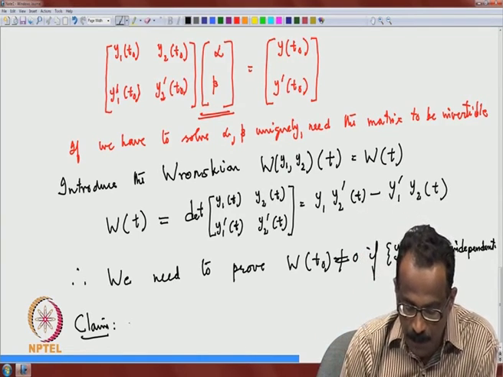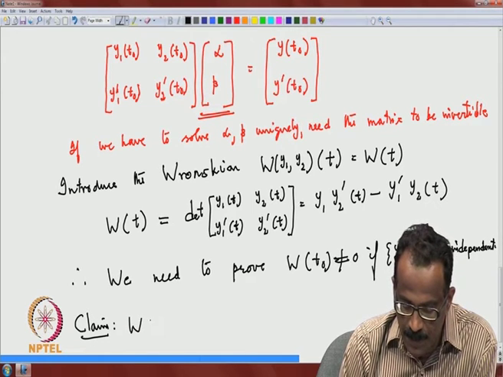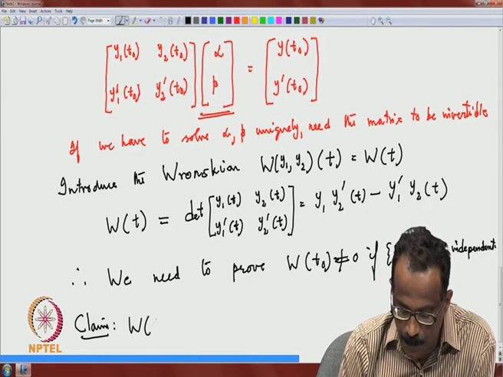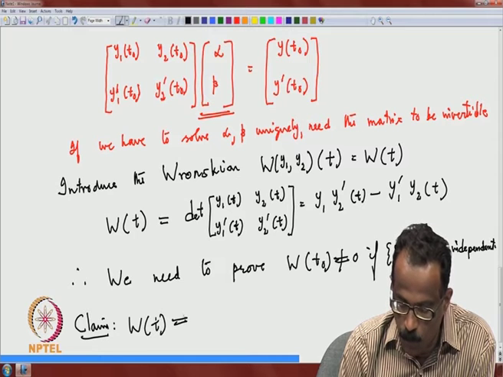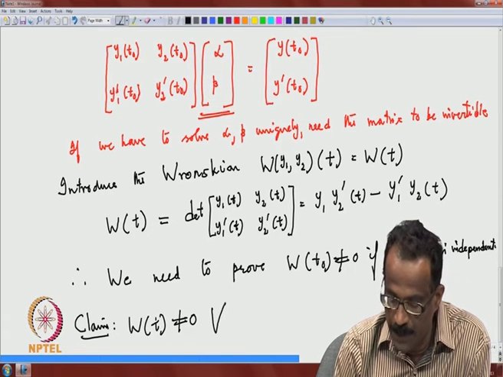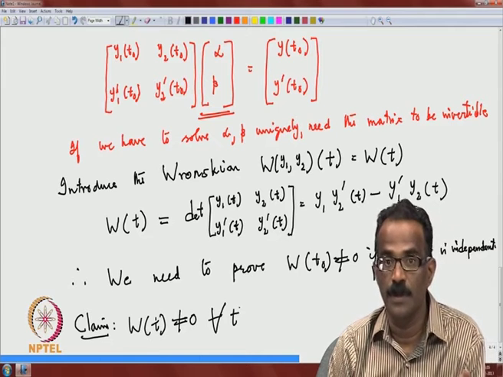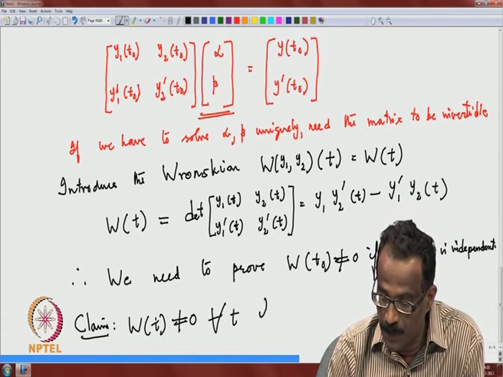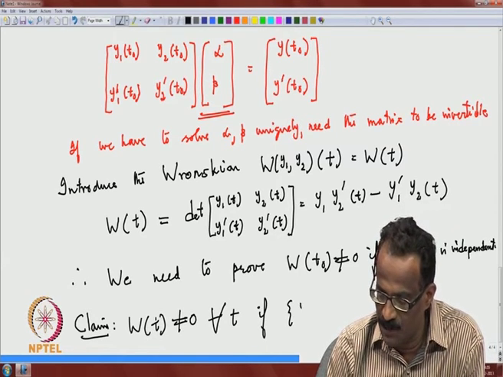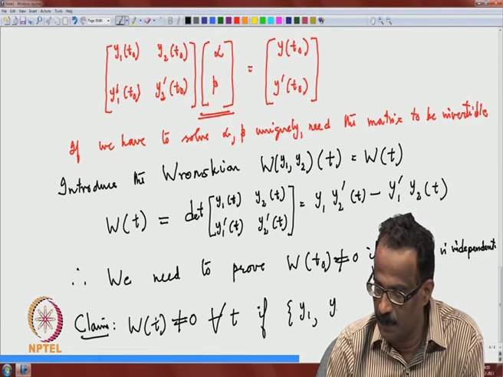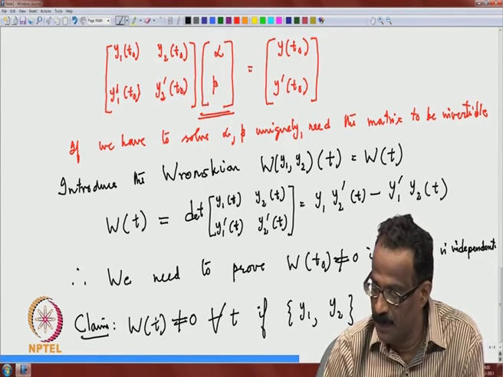So, the claim is W(t) is not equal to 0 for all t together, not just at t naught. That is not very surprising, because independence holds everywhere.